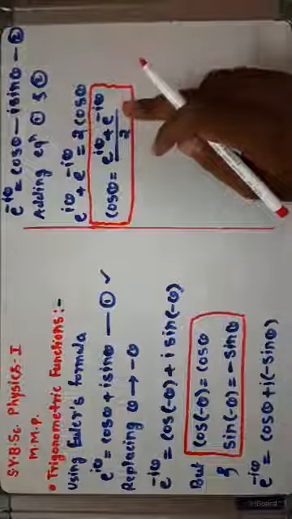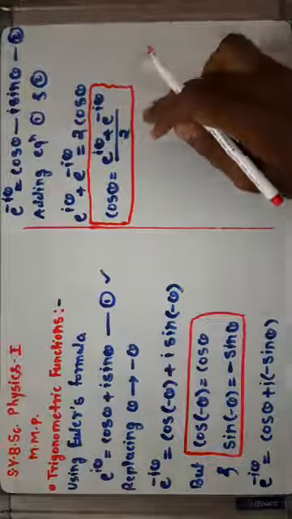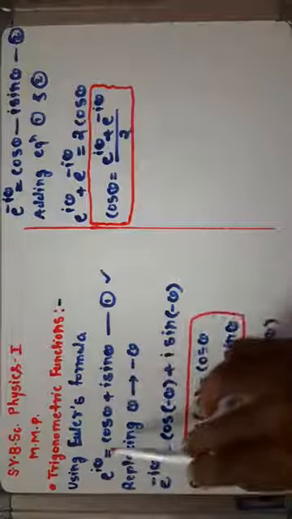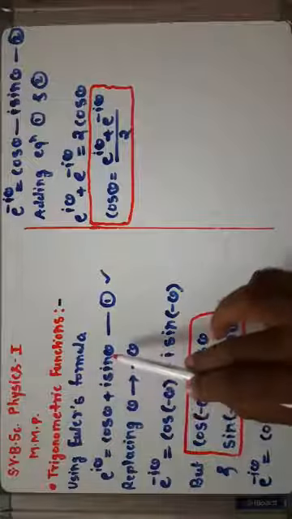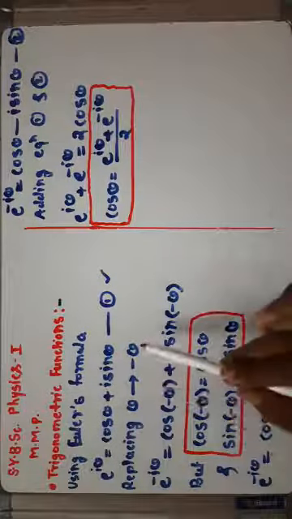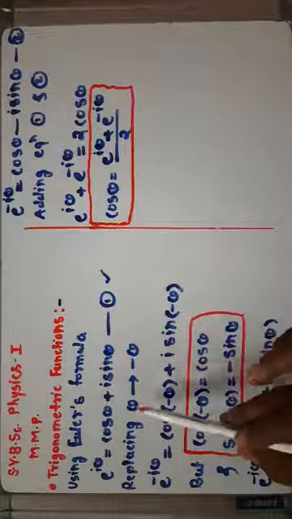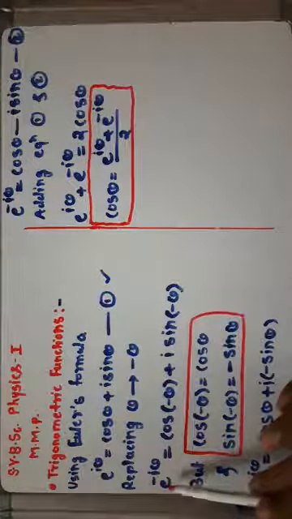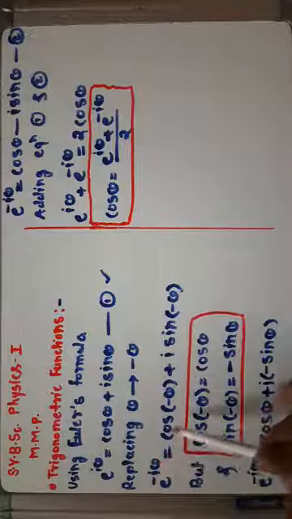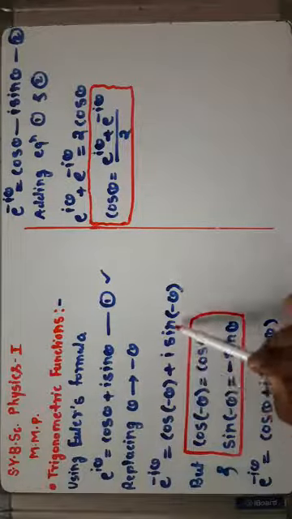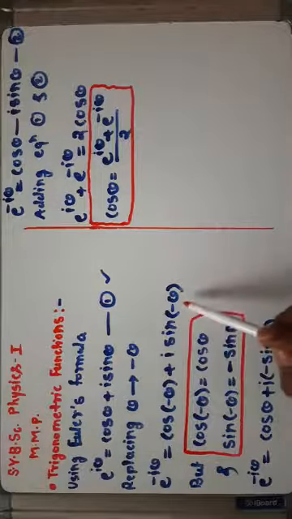Let us see how to calculate this again. Here using Euler's formula, e raised to i theta is equal to cos theta plus i sin theta. This is equation number 1. Then replacing theta by minus theta in equation 1, equation 1 becomes e raised to minus i theta is equal to cos minus theta plus i sin minus theta.